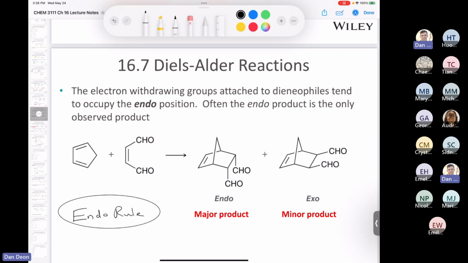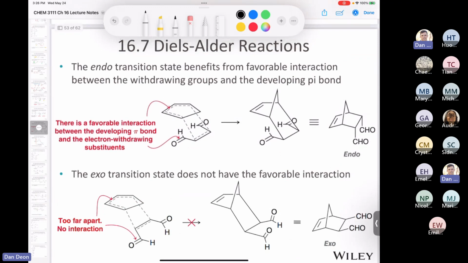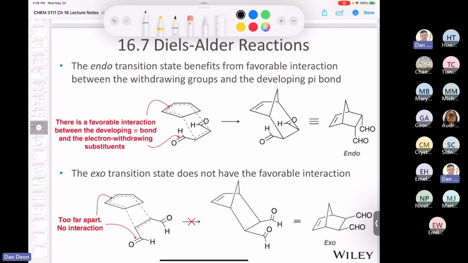And why is that? Well, there's a long explanation, but the short version is what's shown here on this slide. During the transition state where the dienophile reacts with the diene, it says the endo transition state, and I'm reading right off the slide, benefits from a favorable interaction between the electron withdrawing groups and the developing pi bond.